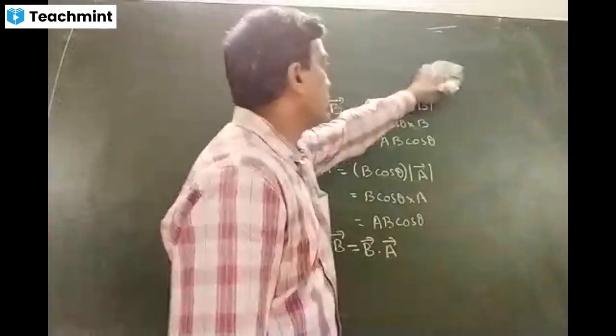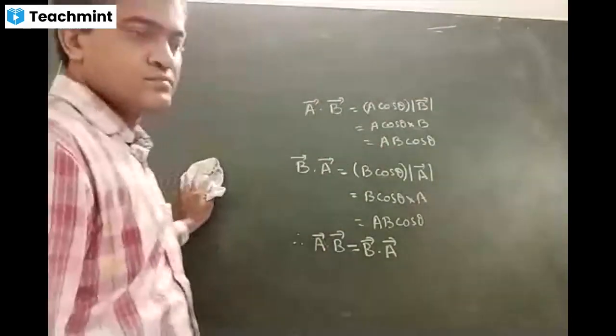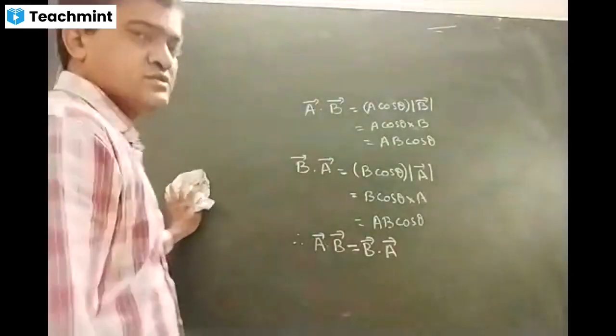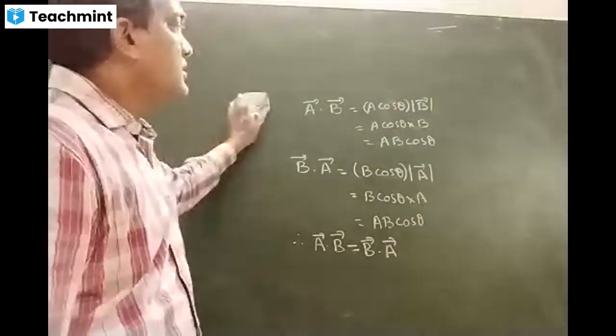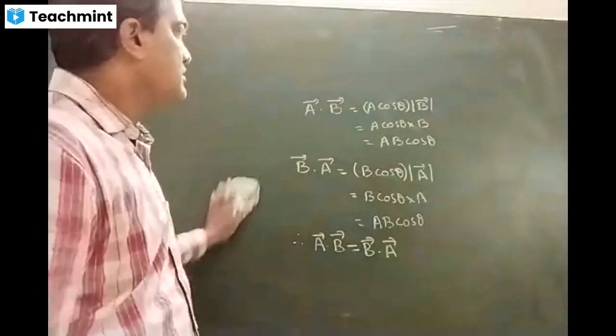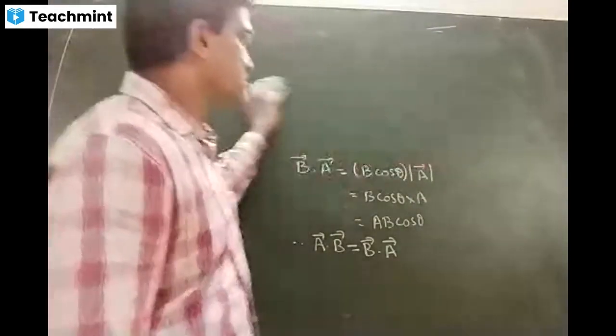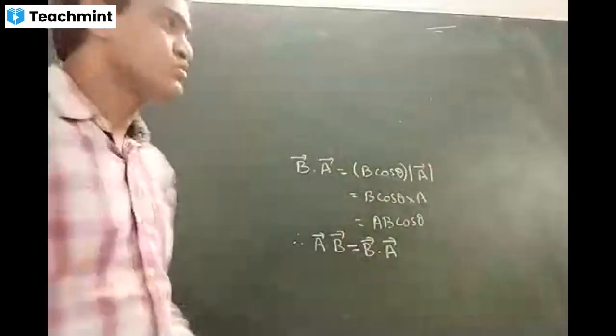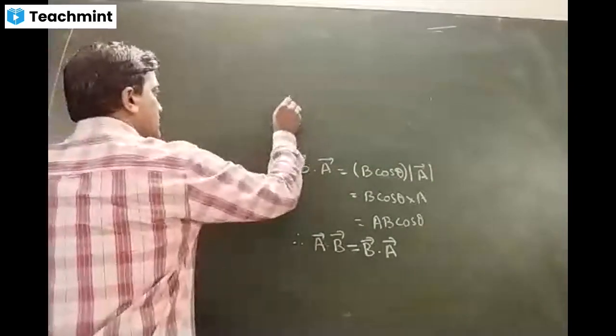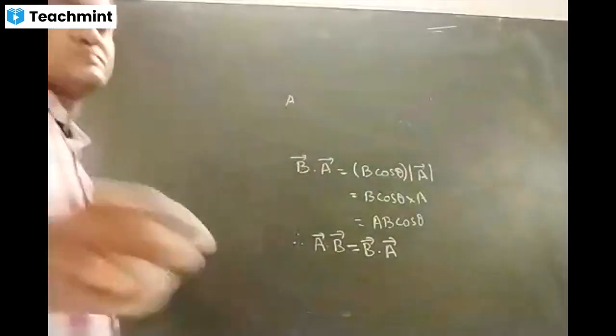Now, what about associative law and distributive law? Yes, they will also obey. A bar dot B bar dot C bar I can write like this, but this is not in our syllabus, right?